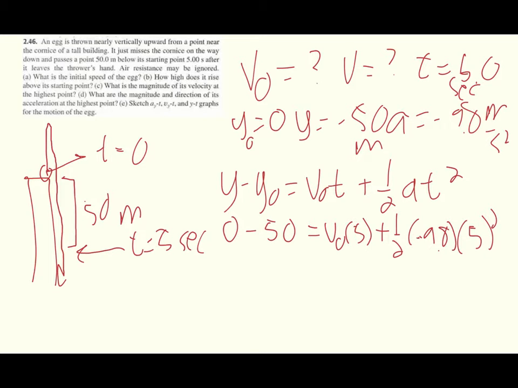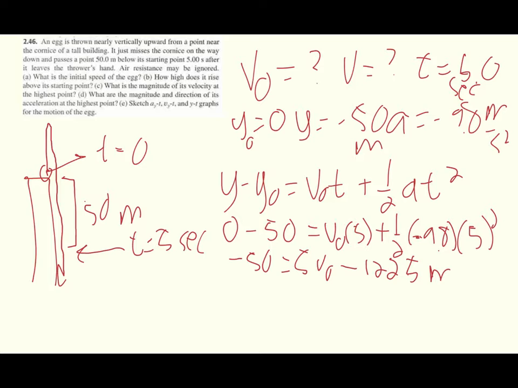Then I'll take out the calculator. So I've got negative 50 equals 5 v naught, and negative 4.9 times 25, which is negative 122.5 when I calculate all that together.